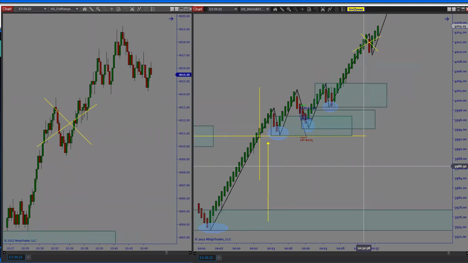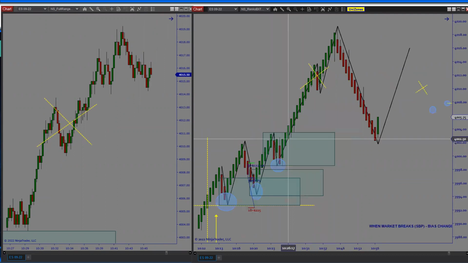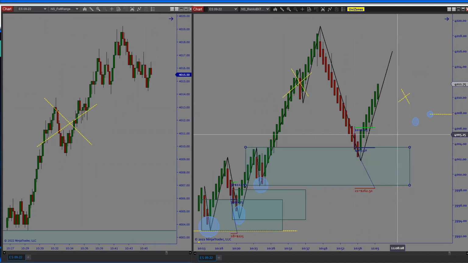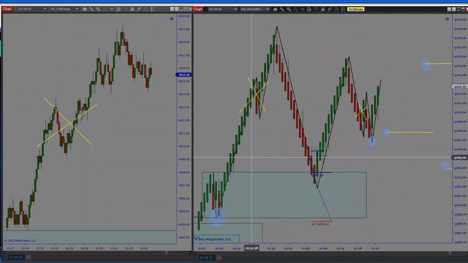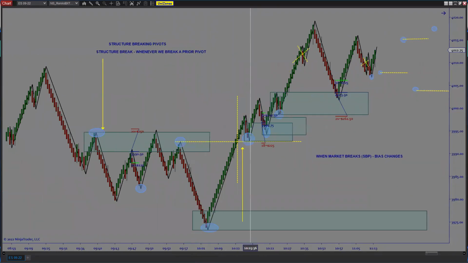That one didn't come back around, and this one hadn't triggered yet. Here's the trade. So over here, stop goes below the low. There's our zone. Another winning trade.